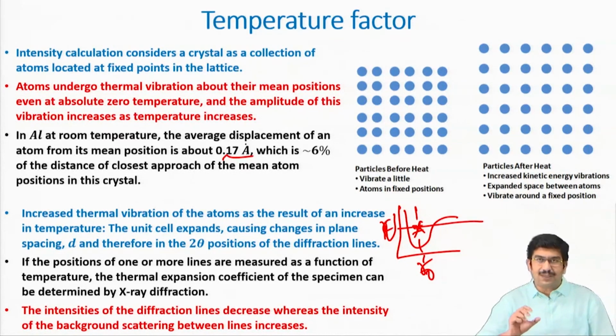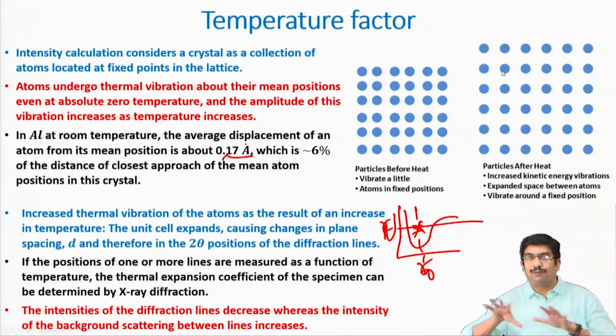Let us see how this thermal vibration can affect the intensity of the diffracted beam. The first thing it can do is expand the unit cell. If we imagine that this is one of the atomic planes, due to thermal vibration the atoms are now further apart from each other, and the unit cell has expanded.